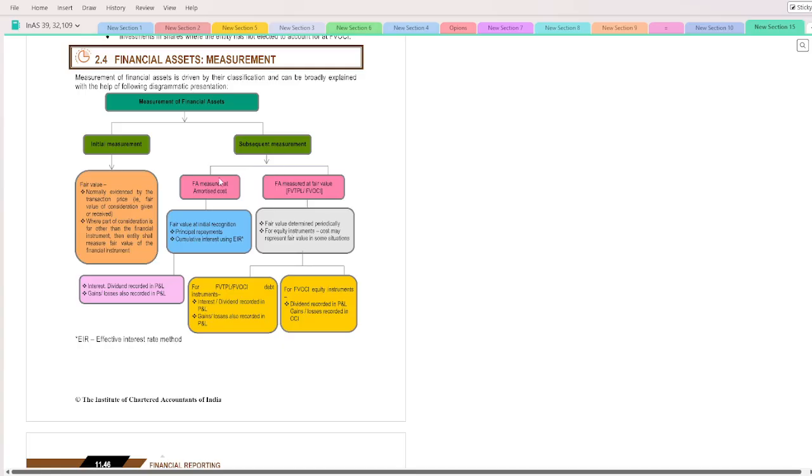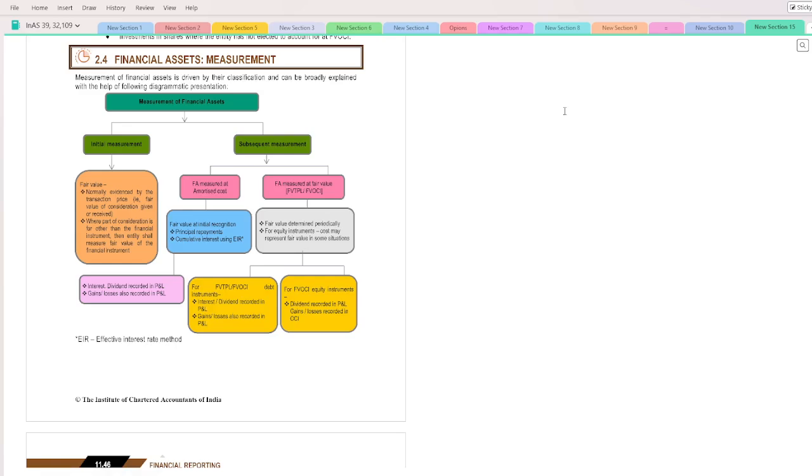Now in the subsequent measurement, the asset is measured at the amortized cost. Here the effective interest rate method will come in. So, the fair value at the initial recognition, which I also wrote in the last lecture, plus your interest through the effective interest rate, minus the coupon, minus the repayment which is happening of the principal.